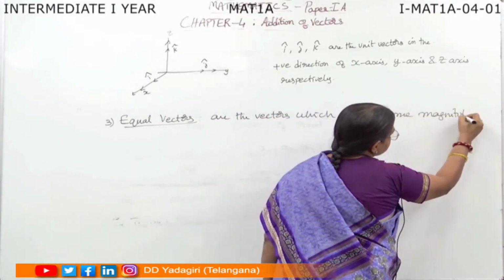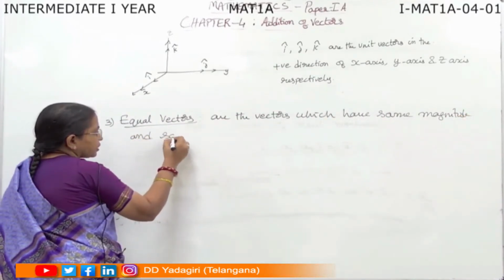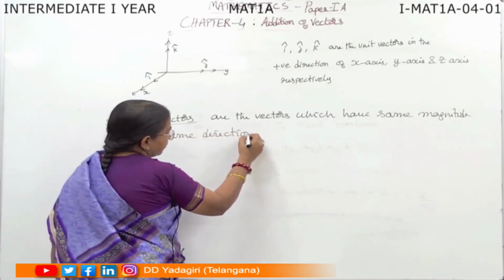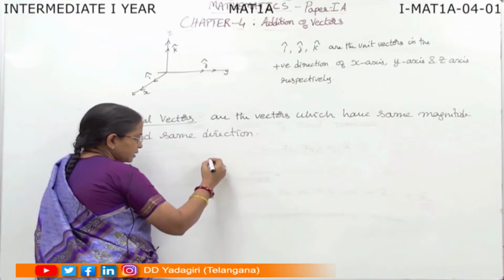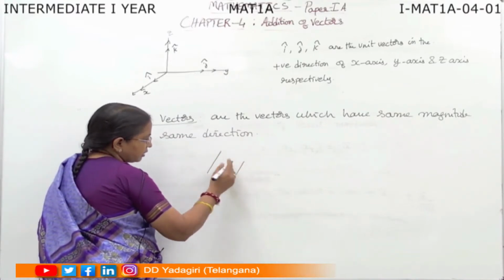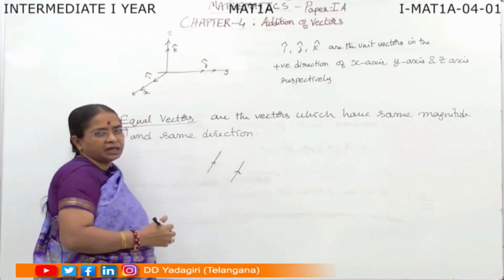Now see, suppose you have vectors which have the same length and the same direction. So these are equal vectors.